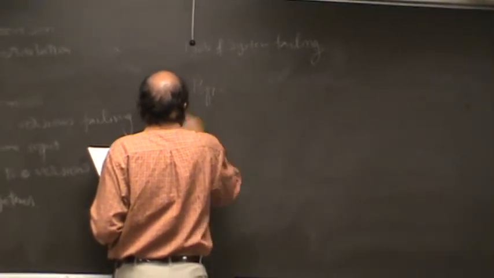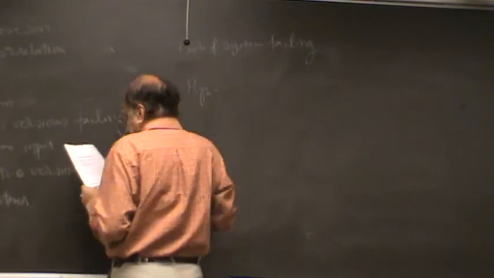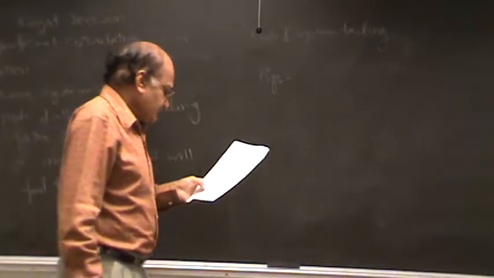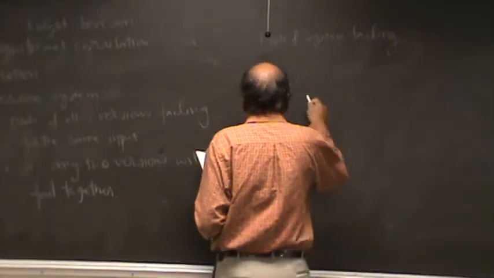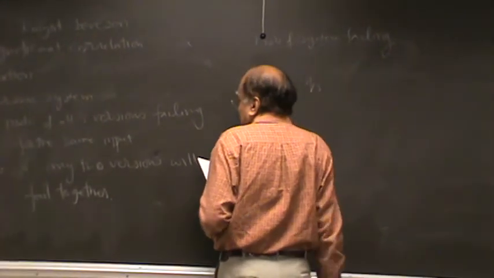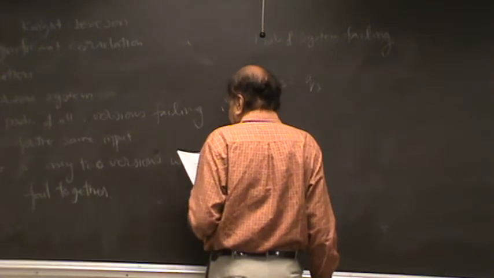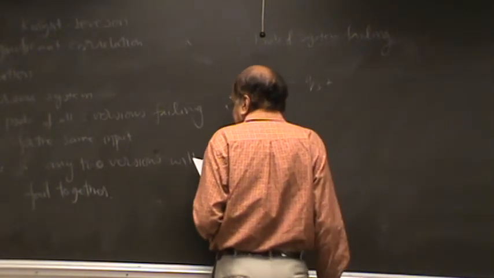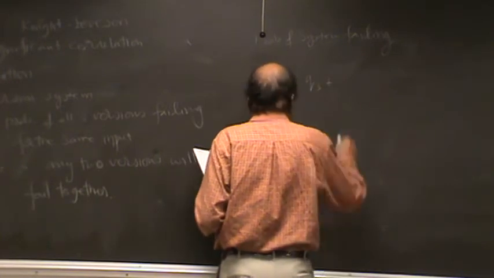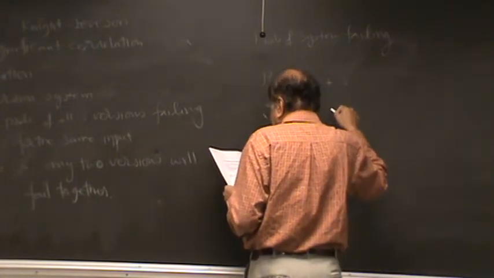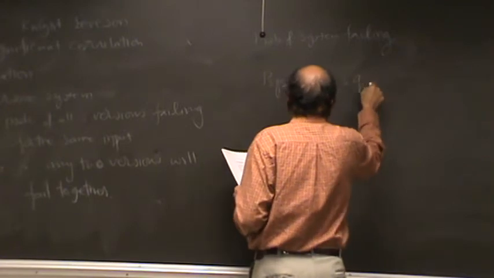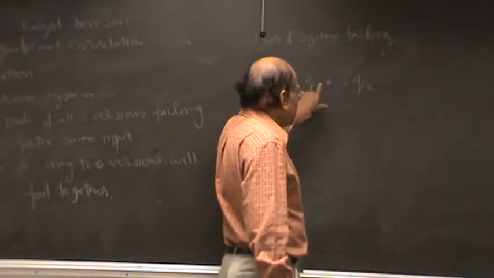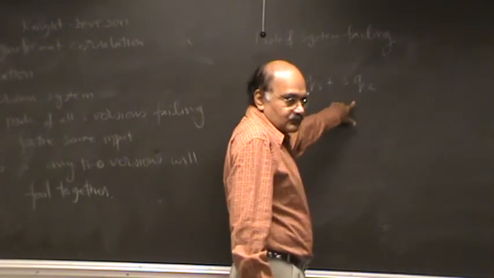So this is not the reliability, but the probability of the system failing for a particular input. And that is given by Q3, the probability that all 3 versions fail, plus the probability that any two versions will fail, and that can happen with three different combinations. The probability that the system will fail is given by Q3 plus 3 times Q2.